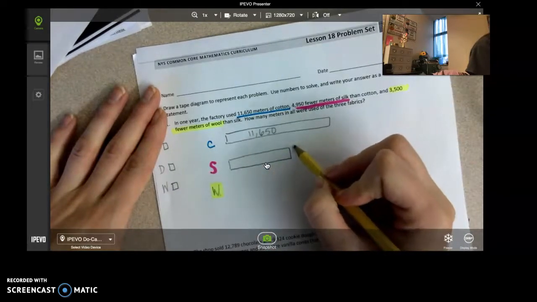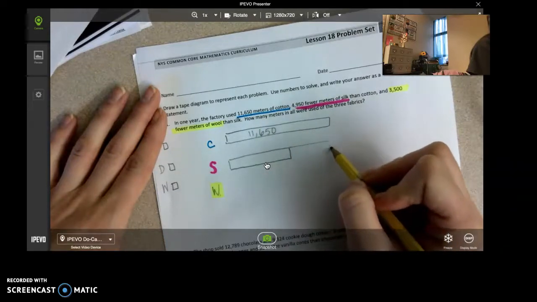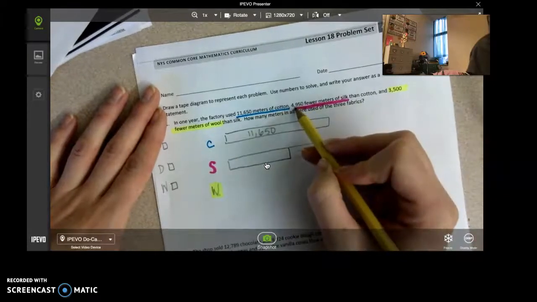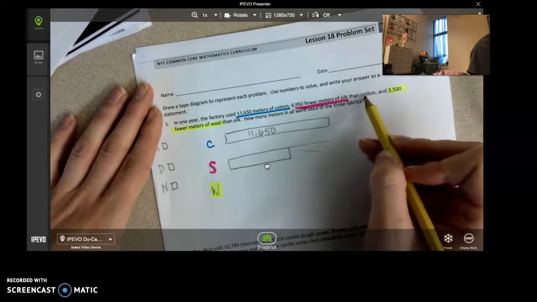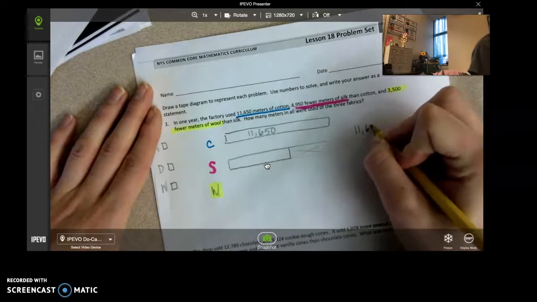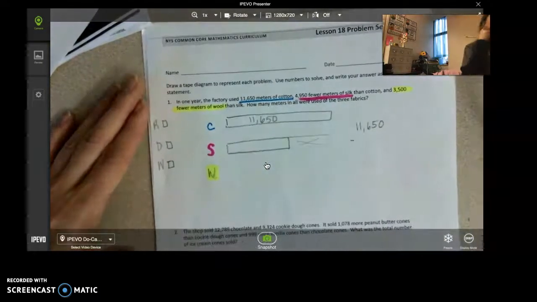I know I'm going to have to take away this part in order to find this part. And I know that it's 4,950 fewer meters of silk than cotton. Okay, so I'm going to do that right now. 11,650, and you should do it along with me. If you need to get caught up, you can pause right now.